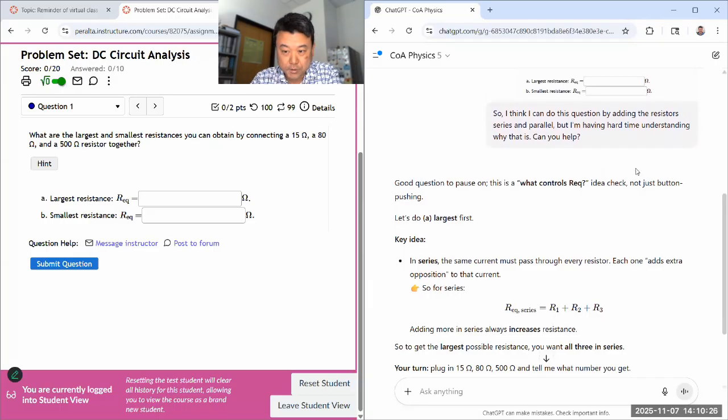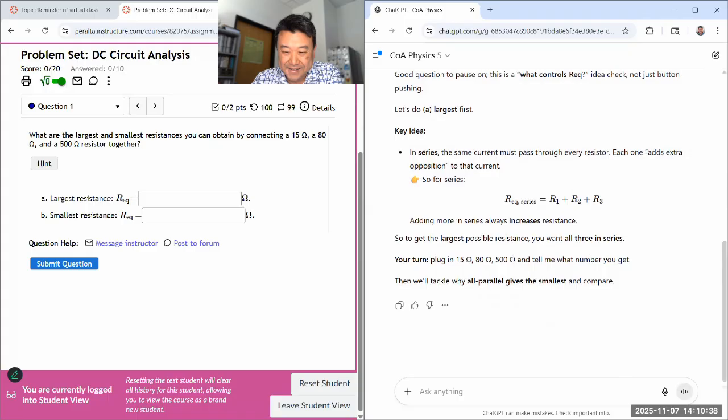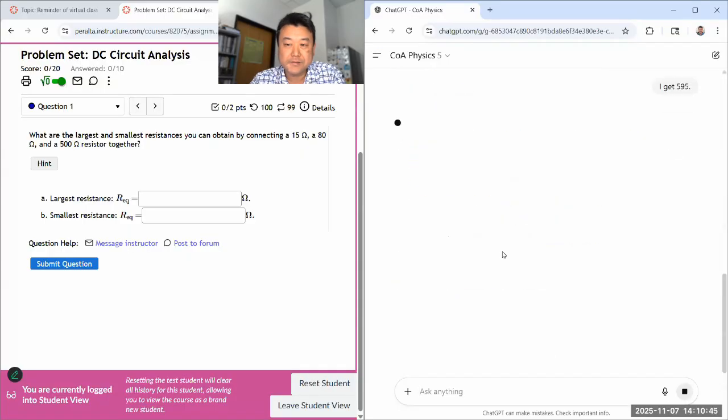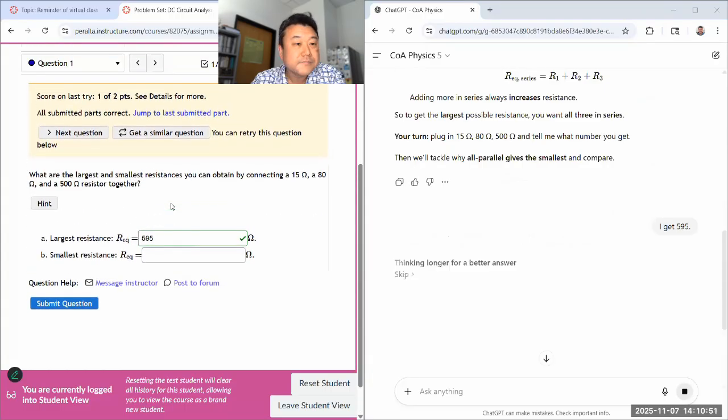So, what controls equivalent resistance? Idea check, largest first. Series says each one adds extra resistance. Yeah, that's a good conceptual way to explain it. Okay, so I guess I get which is correct.